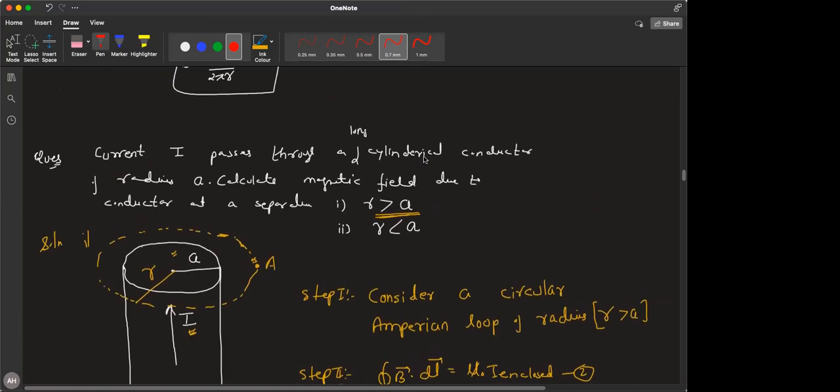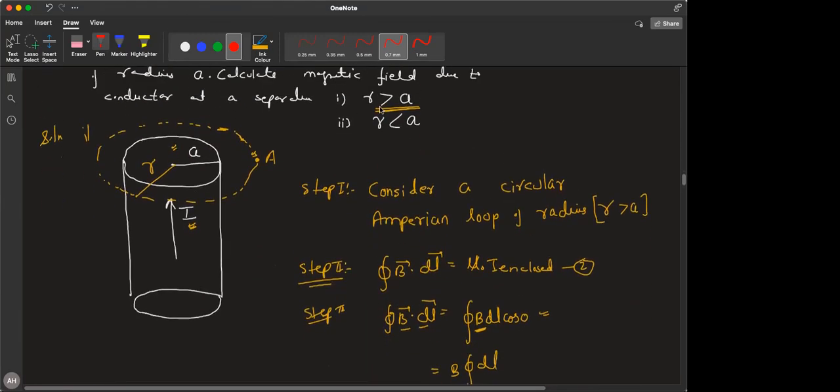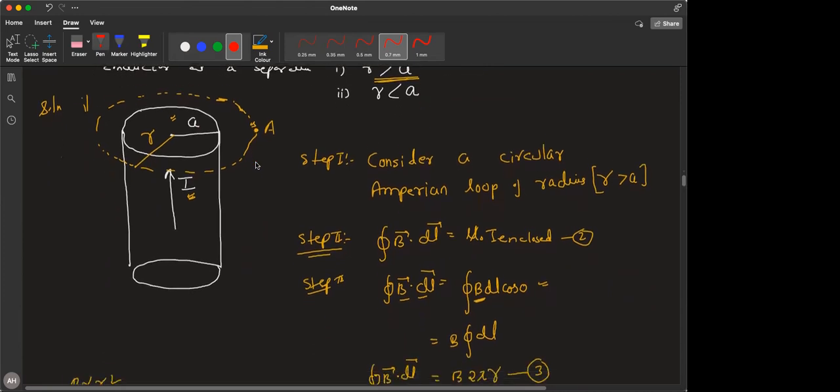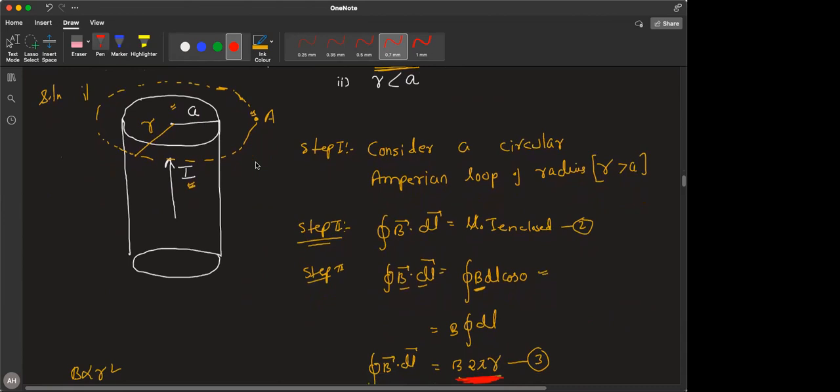Sir, in the starting, R is greater than A. We are taking the point outside. Miraj, you were saying something. Your issue got clear?